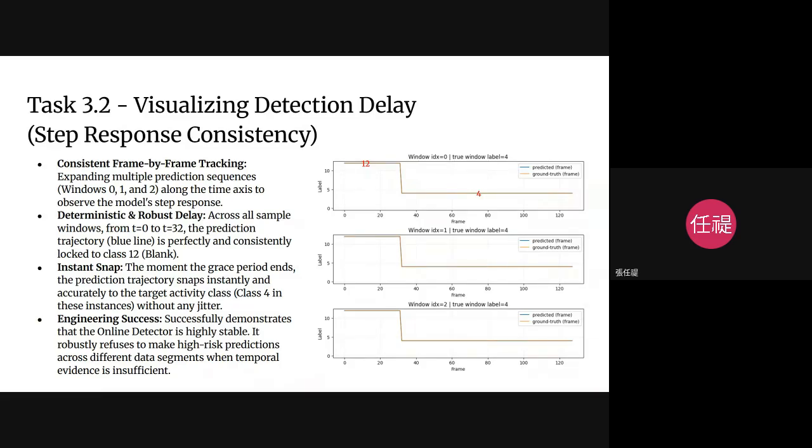There is no jitter or premature guessing. The very moment the grace period is up, it instantly and accurately snaps to the correct class, which is class 4 in these examples. By stacking these examples, we prove that our model's online detection mechanism is highly robust and deterministic. It strictly and consistently prefers to stay silent rather than issuing a false alarm when the temporal evidence is insufficient. Okay, very nice. Next page.